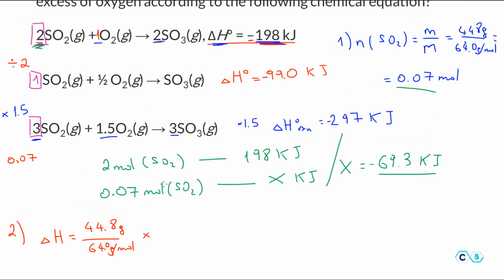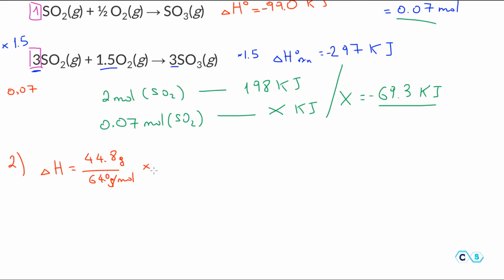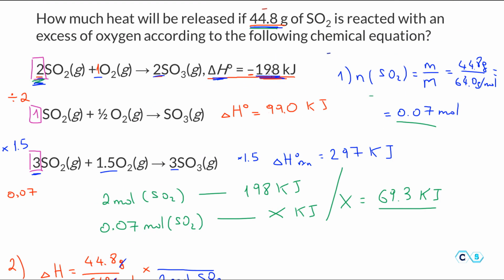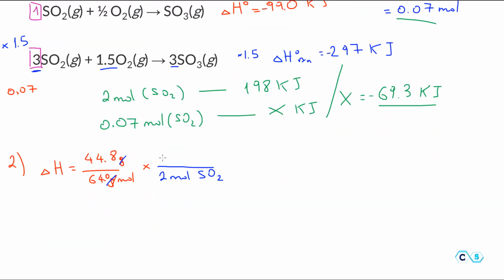We have 2 moles based on the chemical equation. So every 2 moles of SO2, we cancel the grams so the mole is on top now, producing 198 kilojoules of energy. If you cancel the moles, we'll have that this is equal to 69.3 kilojoules.